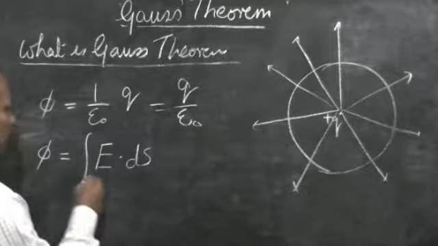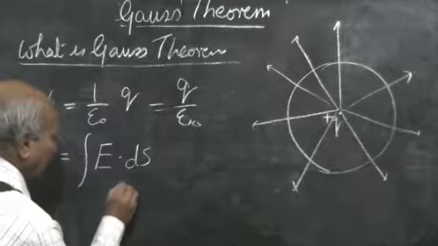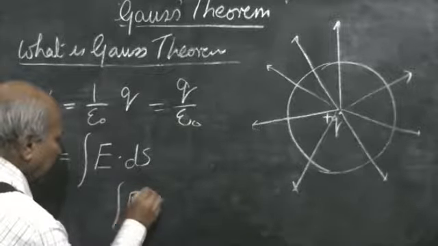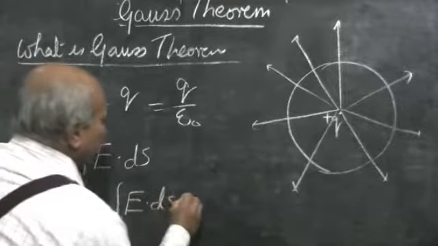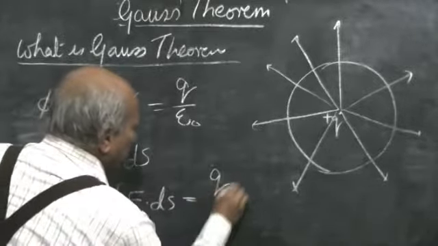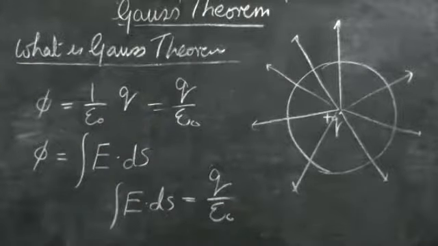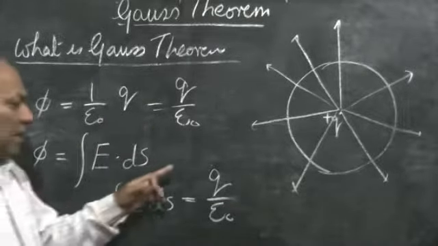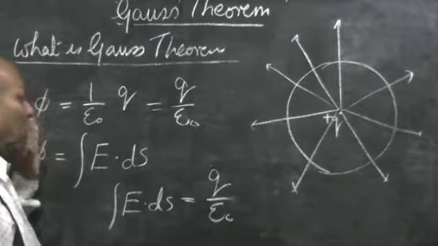If we sum up these two equations, flux, the integral of E dot ds, both are vectors, is equal to Q upon epsilon naught. This is Gauss theorem, and this is a general theorem about the flux.